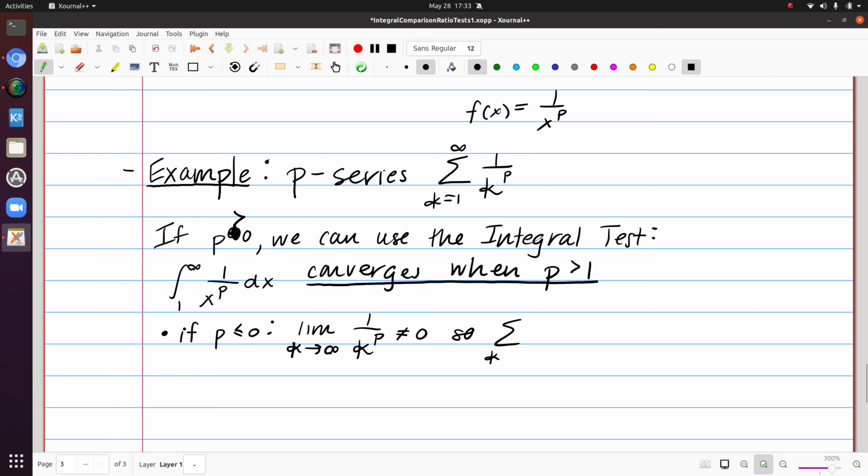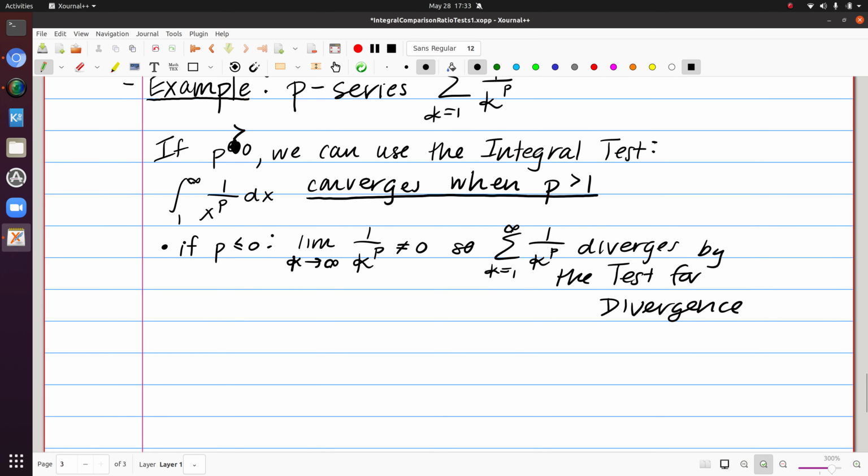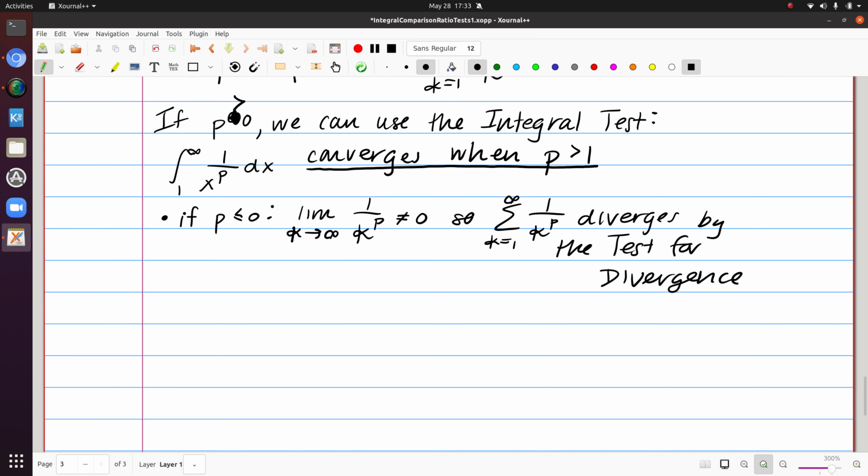So in the instance that we can't use the integral test, we're going to get that this diverges, and this is by the test for divergence. So putting these together, we still see that the only case for convergence is when p is strictly greater than 1. And this is going to be a fact that we can rely on from here on out.